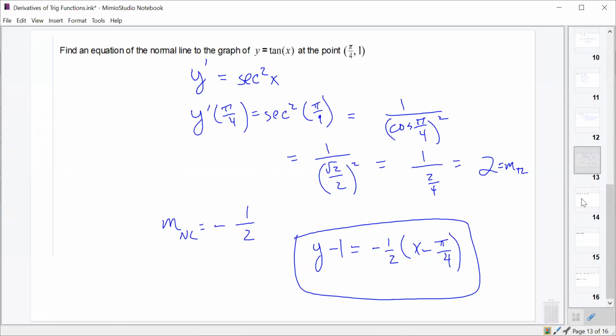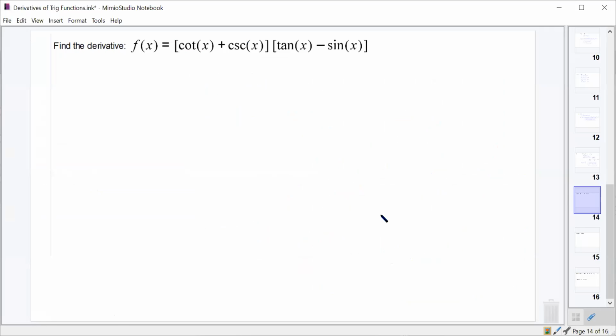All right. Let's find another derivative of cotangent plus cosecant times tangent minus sine. How should we go about this?